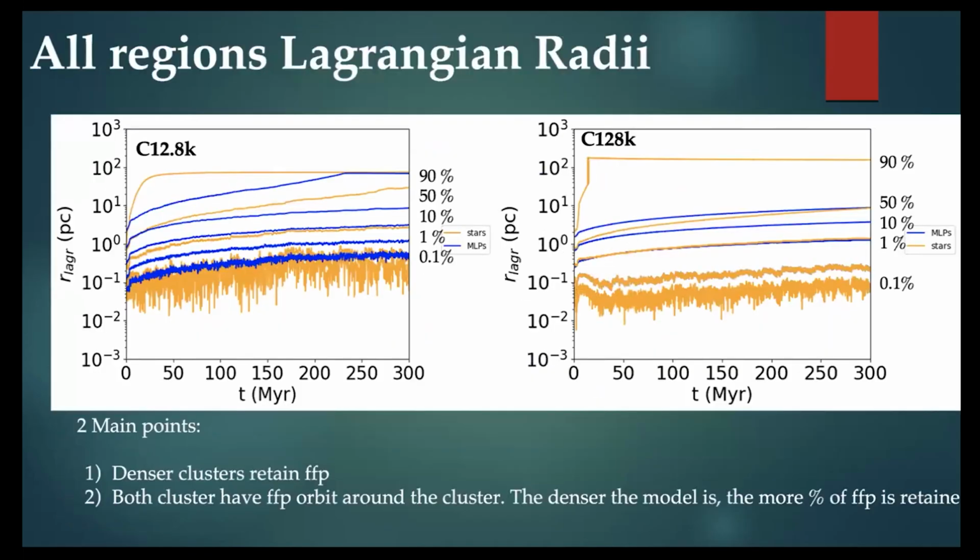And then we see how the Lagrange radii work. The Lagrange radius is a term that contains how much mass is enclosed within each shell of the star cluster, and therefore 0.1 means a certain percentage of mass.